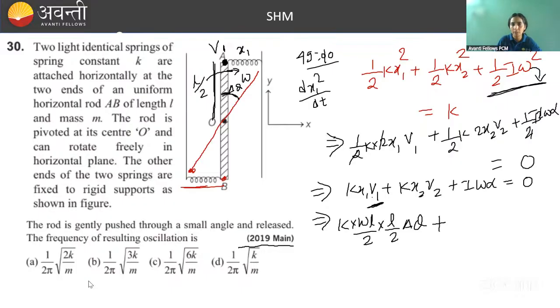सिमिलरली यहाँ पे आप लिखोगे k x2 क्या हो जाएगा तुम्हारा? अगेन दिस इज ऑल्सो एट अ डिस्टेंस l बाई टू, सो v1 and v2 are going to be the same.